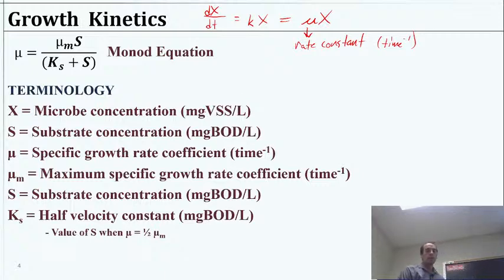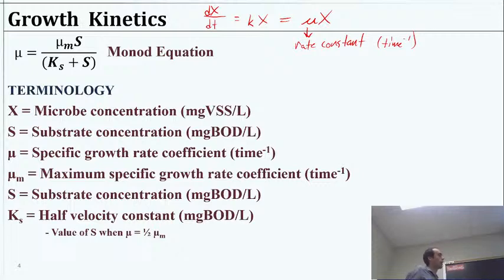Okay, so then the last thing to explain here is this Ks. The Ks is called a half velocity constant, milligrams BOD per liter. This is defined as, and we'll see this graphically in a moment, the amount of food where the bacteria are happy to grow, like they're halfway happy, right? They're halfway to their maximum.